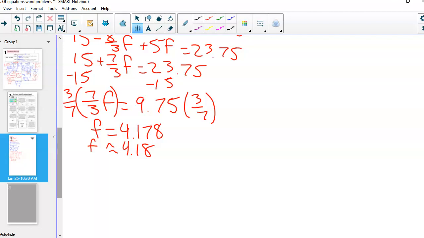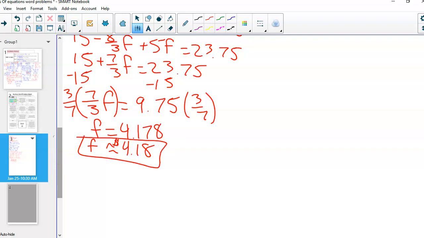So you have to think realistically. This is talking about something you buy. When you buy something, there's maybe 2 cents or 2 decimal places after it, not 15 or 10 or whatever. So you're going to have to round that second one. So that means the cost of a fountain drink is $4.18.